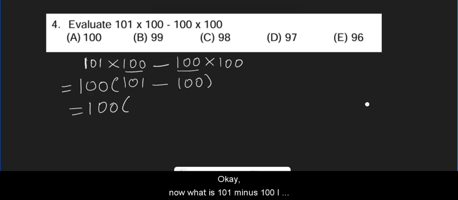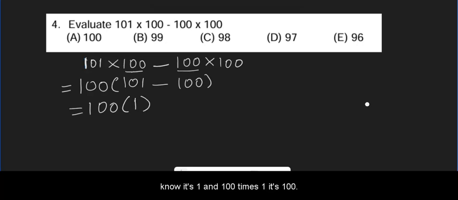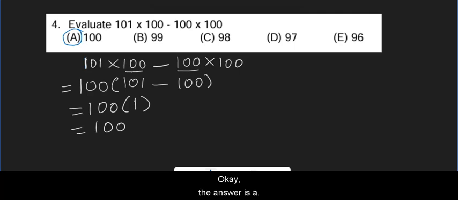Okay, now what is 101 minus 100? I know it's 1, and 100 times 1 is 100. Now the answer is A. Simple as that. Okay, the answer is A.